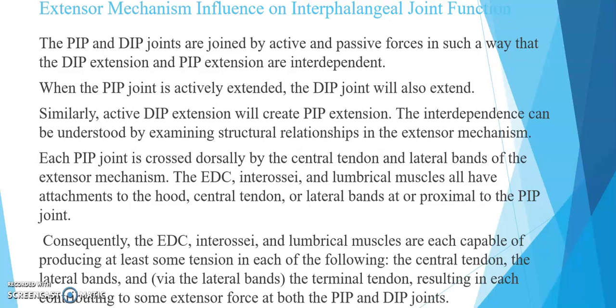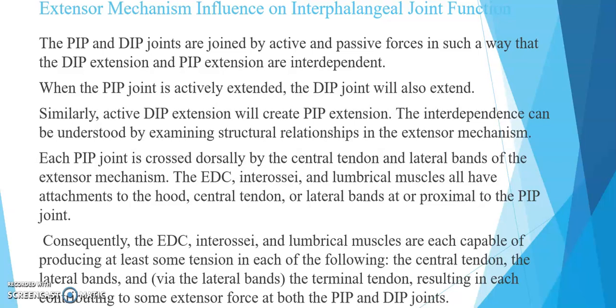Consequently, the EDC, interossei, and lumbrical muscles are each capable of producing at least some tension in the central tendon, the lateral bands, and the terminal tendons, each contributing some extensor force at the PIP. And naturally, when the PIP is extending, because of the presence of the lateral bands, the DIP is also extending.